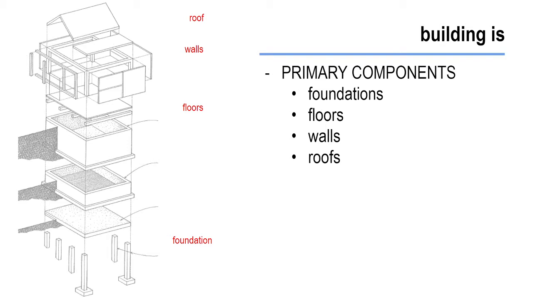Then sitting on top of our foundation are our floors, which is the surface that we do most of our activities on. Our flooring is laid over our foundation walls, and it can be done with different materials, but we always have to make sure, especially if we're doing anything on grade, that the ground below is well compacted.